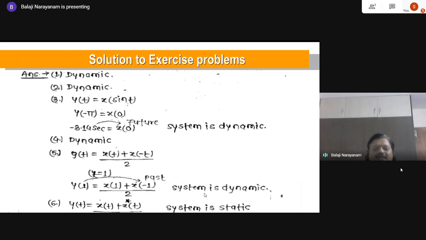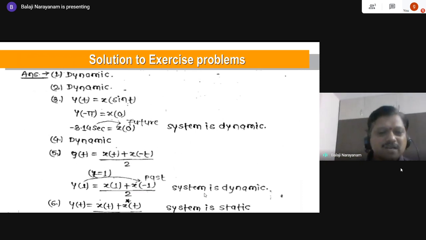Even part of x of t is defined as the average, x of t plus x of minus t by 2, and if we substitute the value of t as 1, we may get y of 1 as x of 1 plus x of minus 1 by 2, and we may say that the system is dynamic in nature, as the present output value depends on the past value. We require memory, hence we may conclude it is a dynamic one.